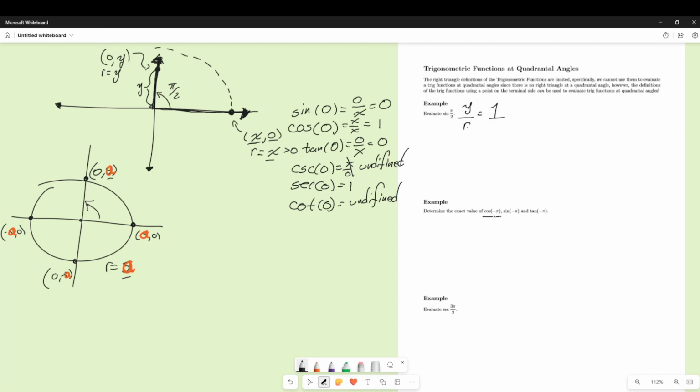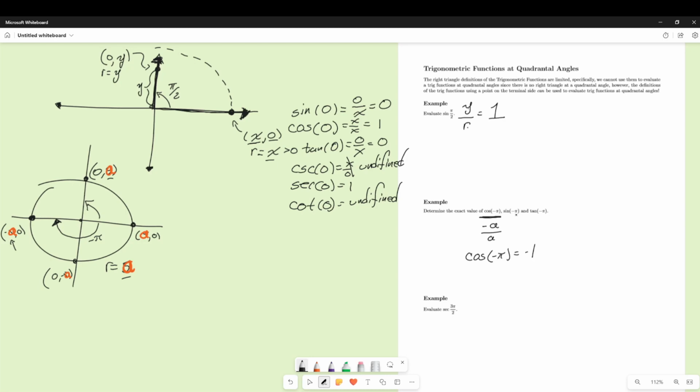Similarly, cosine of negative pi radians, well, negative pi radians would measure in this direction, pi radians, and land at this point. Cosine is the x value over r, so for any radius we want to look at, that's going to be negative a divided by the radius a, so the cosine of negative pi is going to be negative 1.